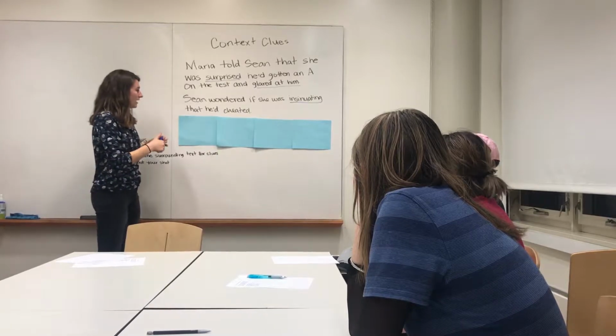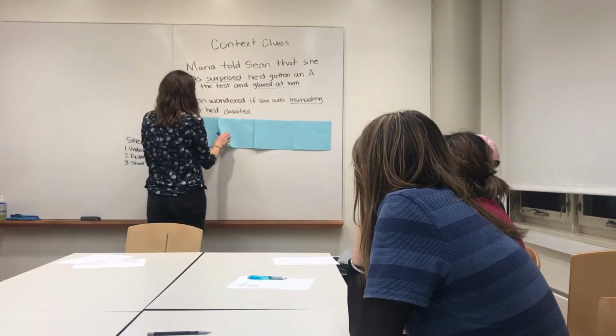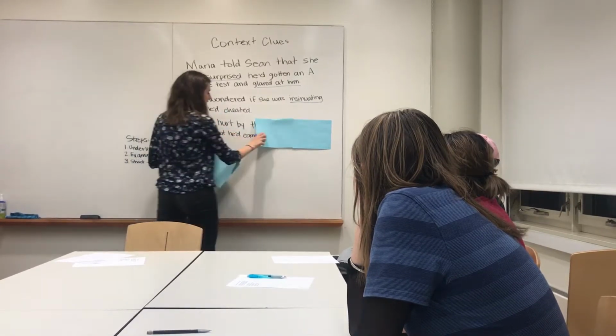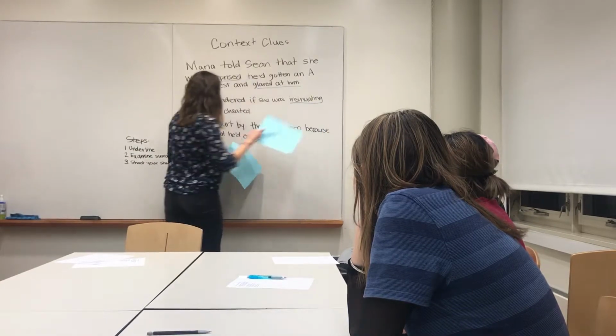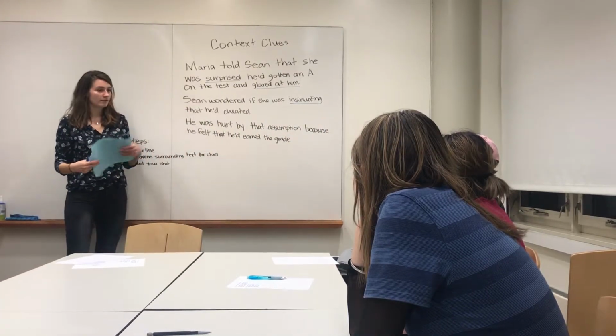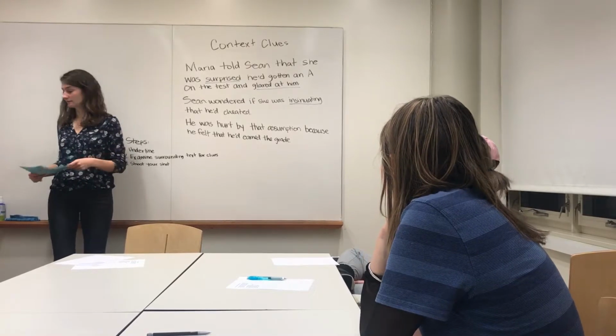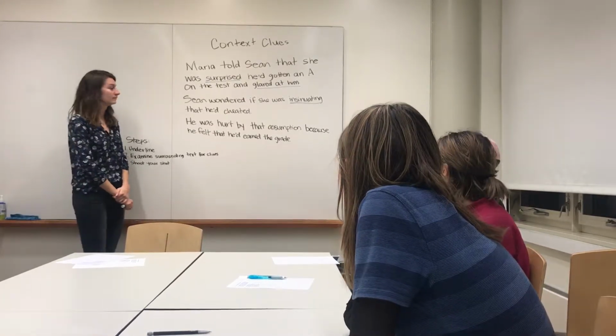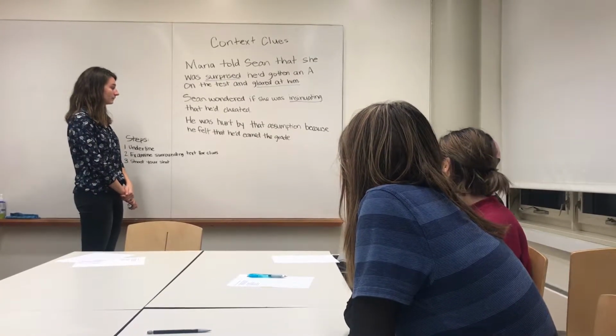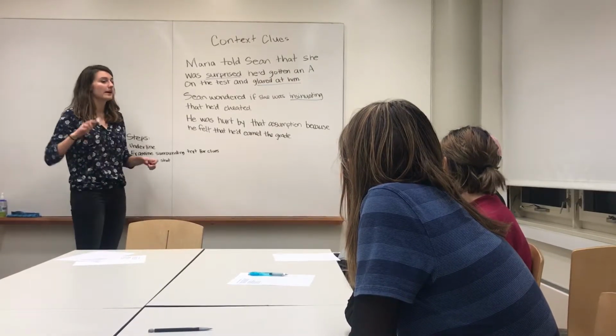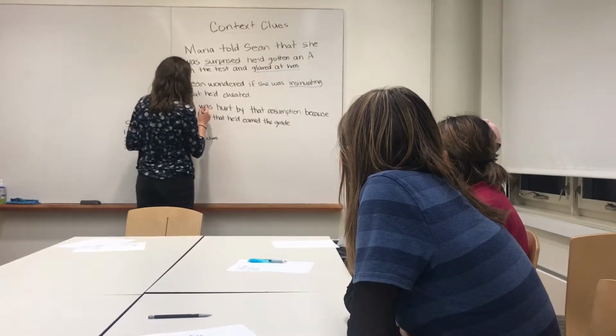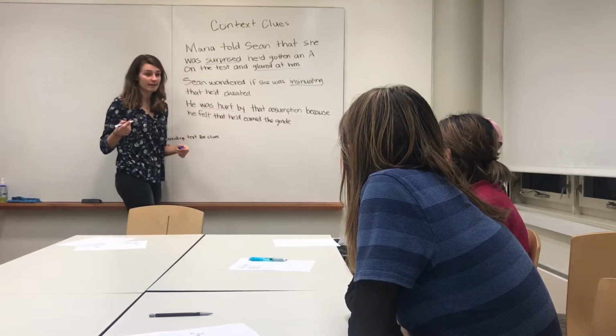Okay. And then we're going to add even a little more context here underneath. Who wants to read this one? Gracie? He was hurt by that assumption because he felt that he'd earned the grade. Okay. So here we have another mood clue. So he was hurt. So again, negative.